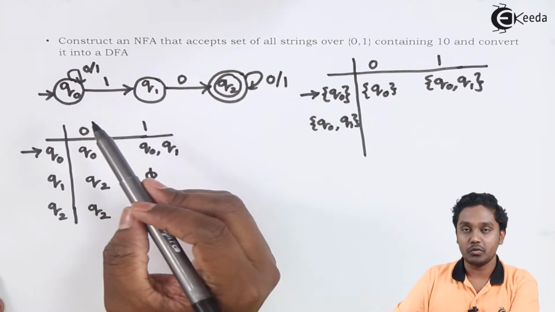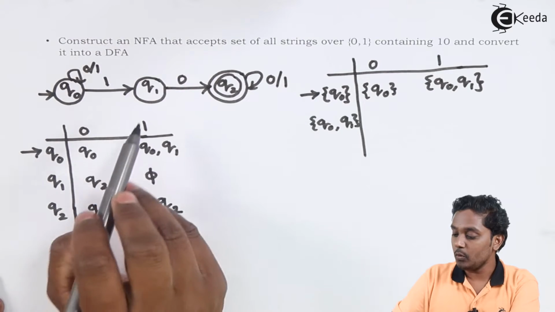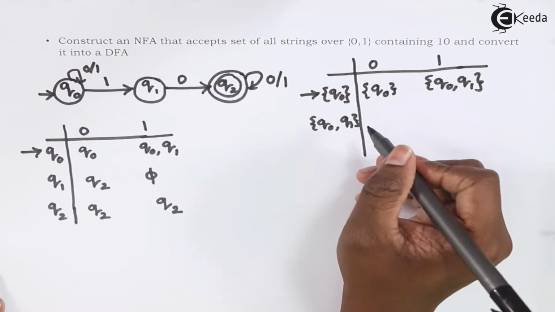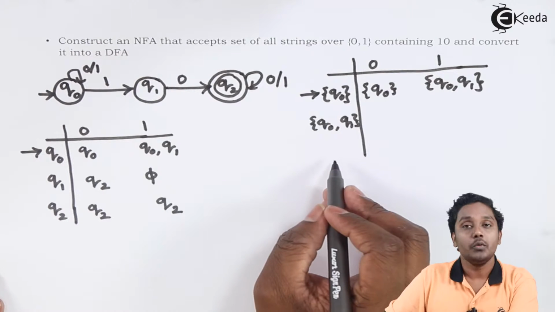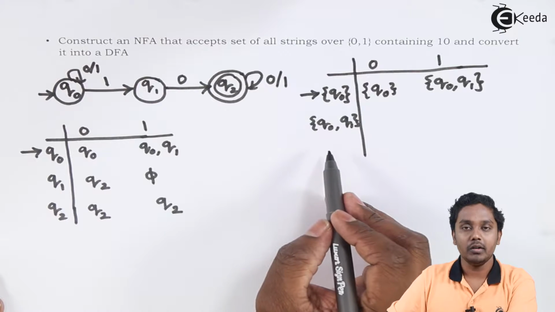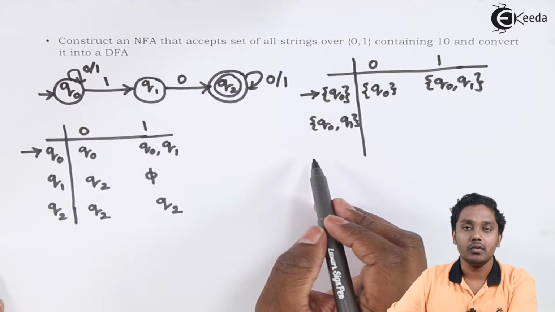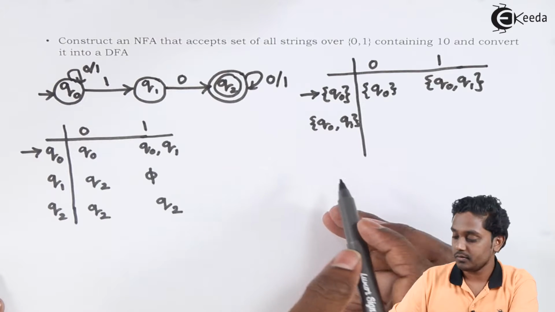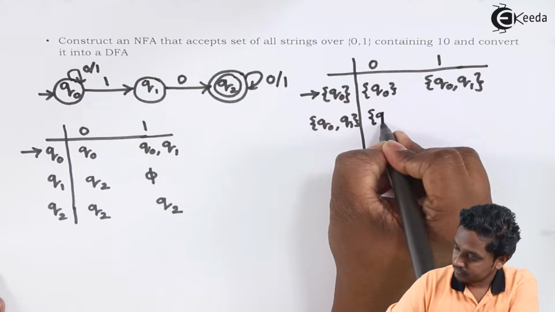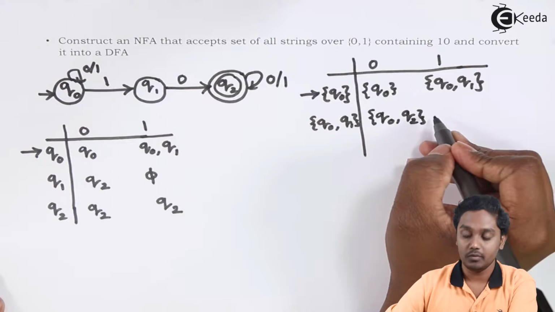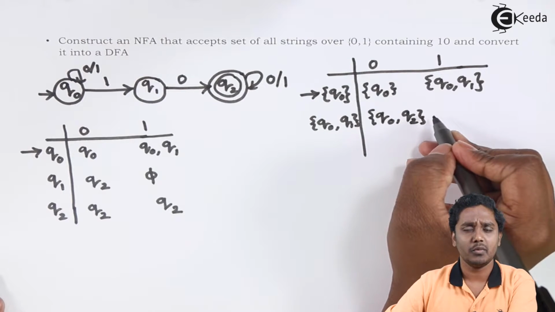Q0 has a transition to Q0 on 0. Q1 has a transition to Q2 on 0. So we will combine the states. On 1 we have only one transition, that is from Q0.